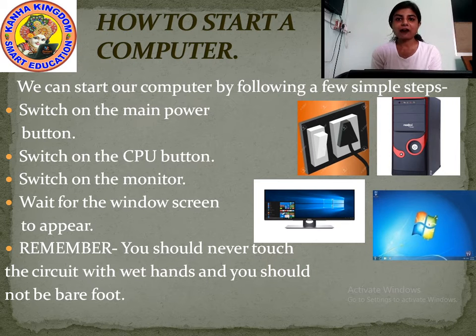After that, the CPU button. After that, the monitor button, and you will wait for few minutes so that the window screen appears. So, these are the few simple steps to start a computer.